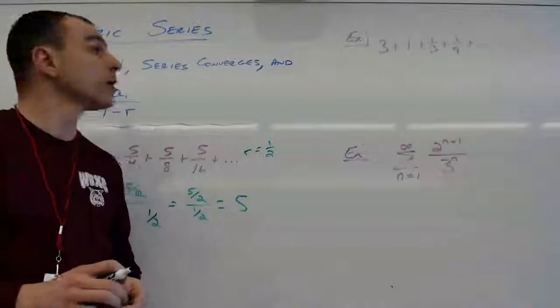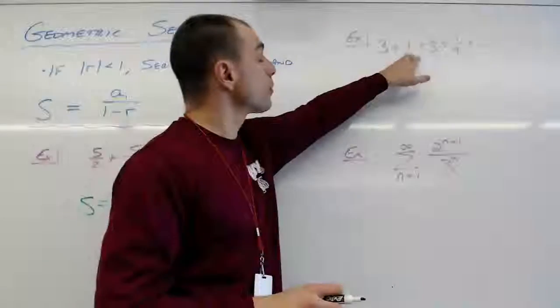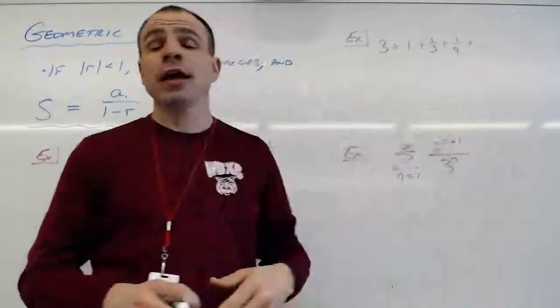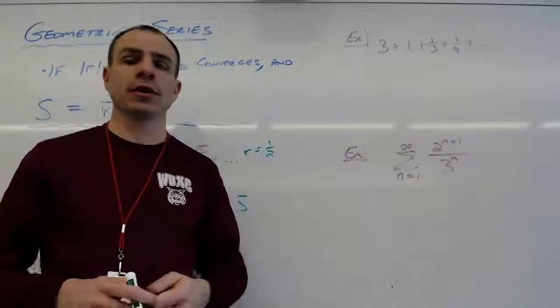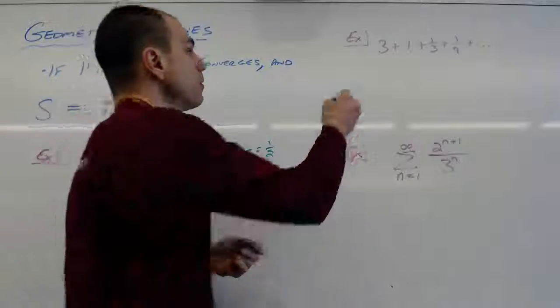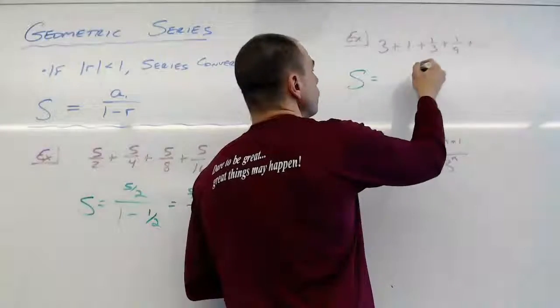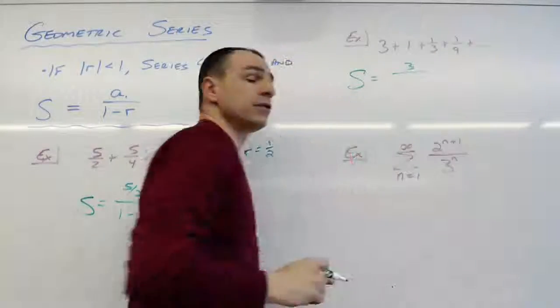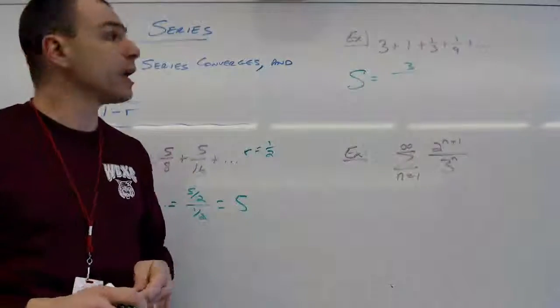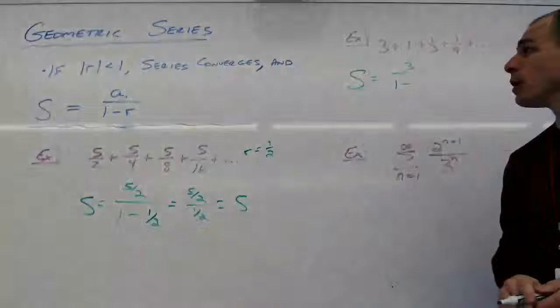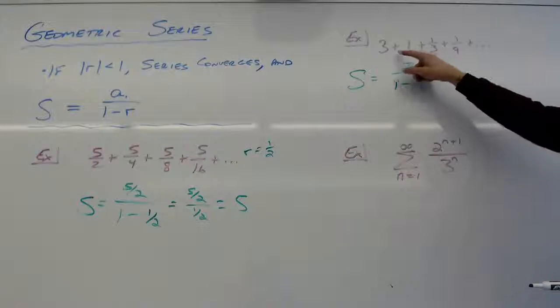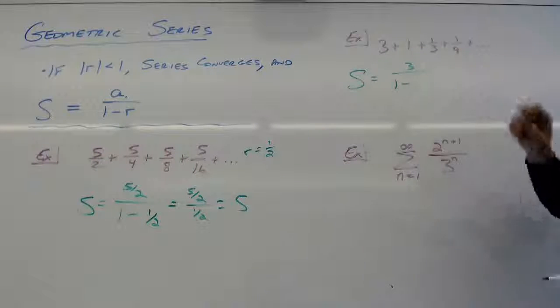For our next example, we have 3 plus 1 plus a third plus a ninth, and we're looking to find the sum of all of those terms. In doing so, same formula. S is equal to the first term, which is 3, in our numerator. And then in the denominator, we have 1 minus the common ratio. Well, the common ratio, we're always multiplying by 1/3.